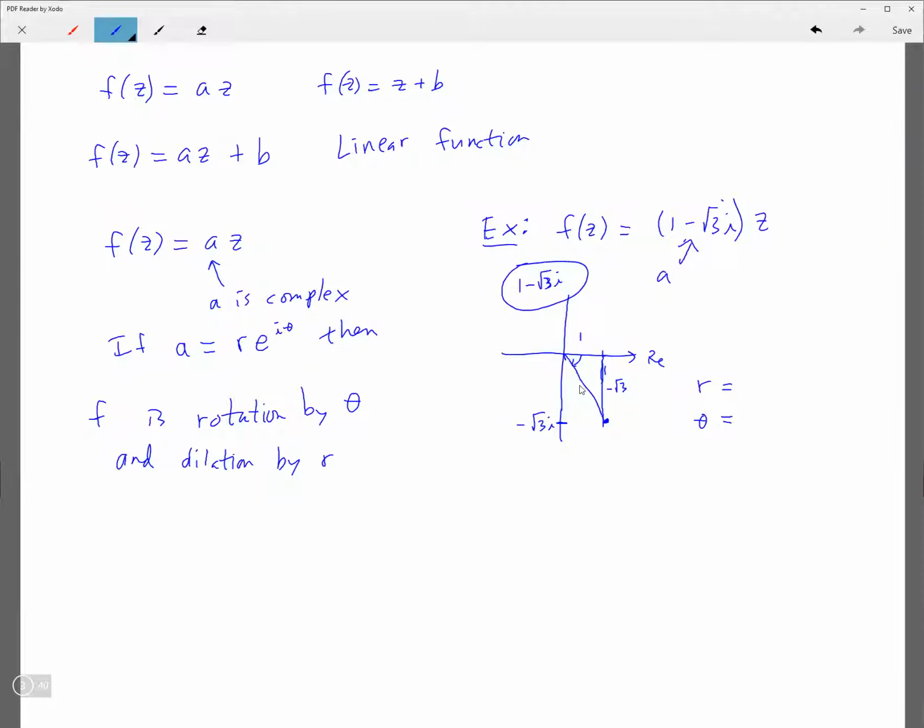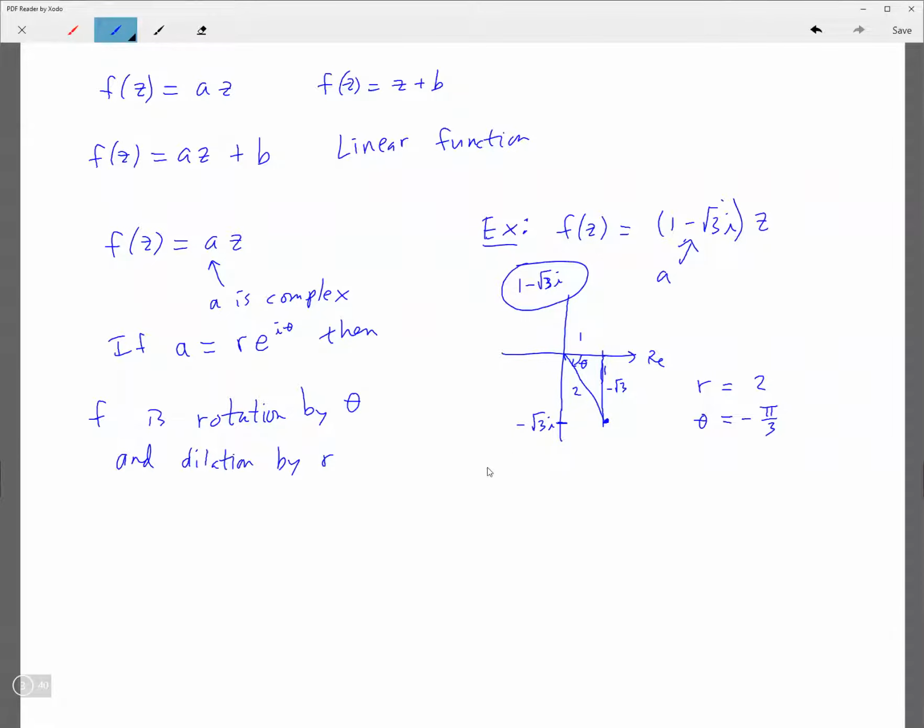R is 2. Yeah, r is 2 because it's a 1, 2, root 3 triangle, or the square root of 1 squared plus this square, which is 3. So 1 plus 3, that's 4. Square root of 4 is 2. What is your angle? This angle here. 5 pi over 3. Yeah, negative pi over 3, right?